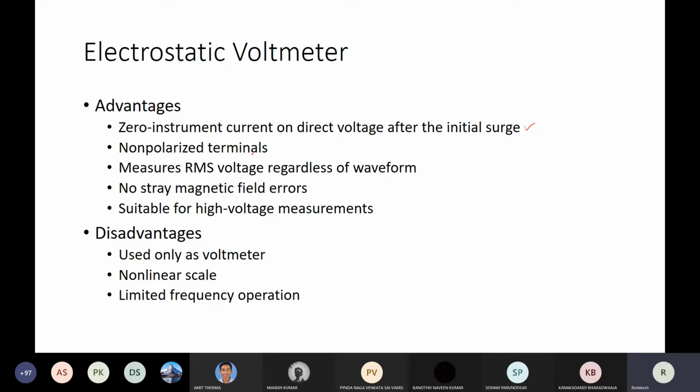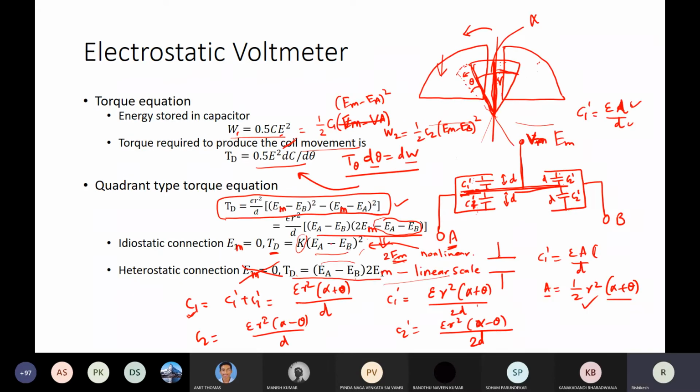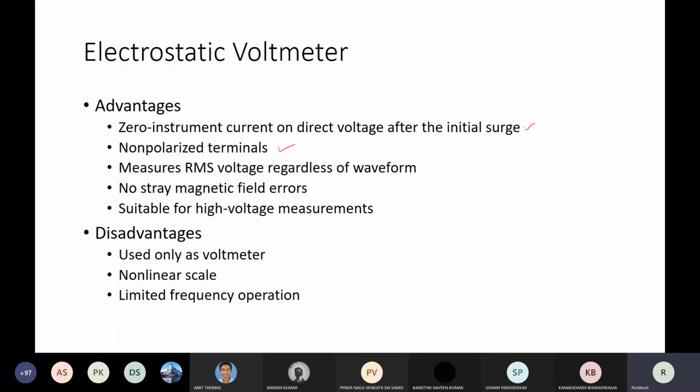It has non-polarized terminals because of this arrangement. In the case of idiostatic connection, it has non-polarized terminals because it is proportional to V square, and it measures the RMS voltage regardless of the waveform. In many cases we assume that the AC supply is like this, but it may not be the case.